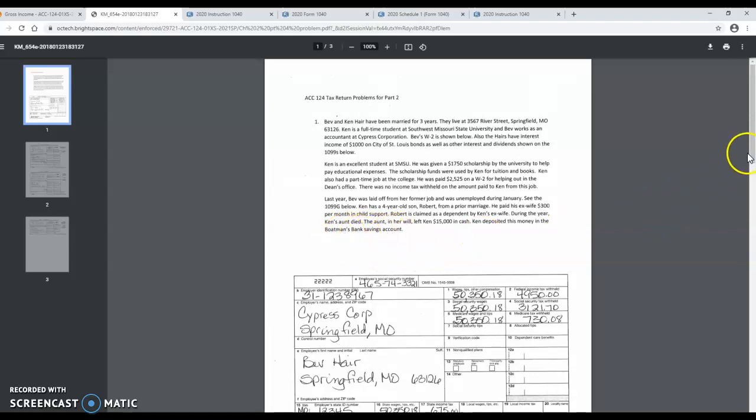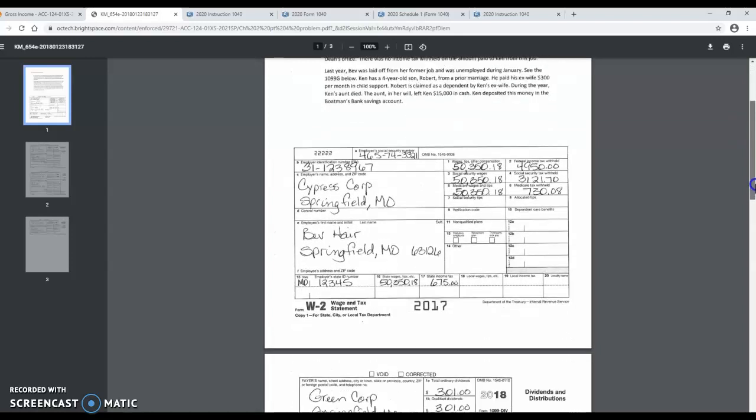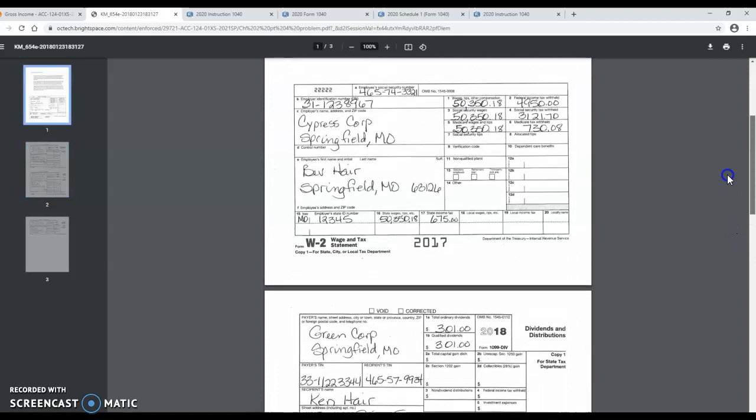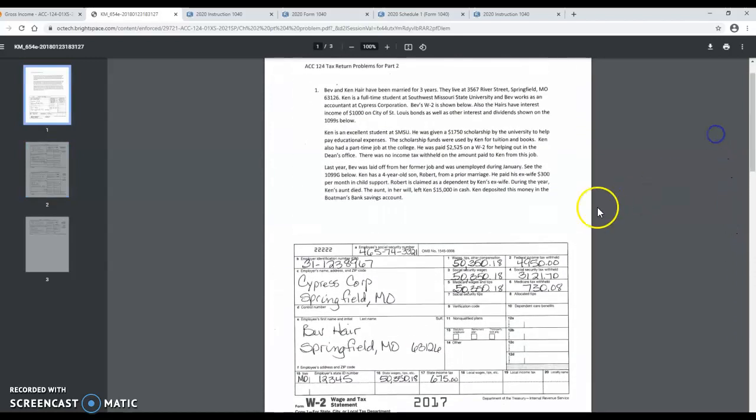So part of the interest from Boatman's Bank is related to that $15,000. The interest that you make on the inheritance is taxable, as we already put on our summary sheet. But the actual inheritance itself, the $15,000, is not taxable.